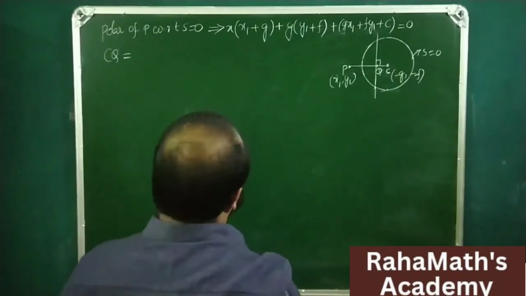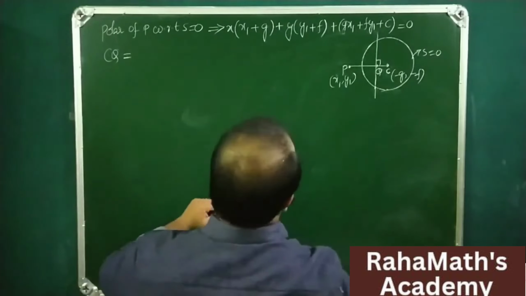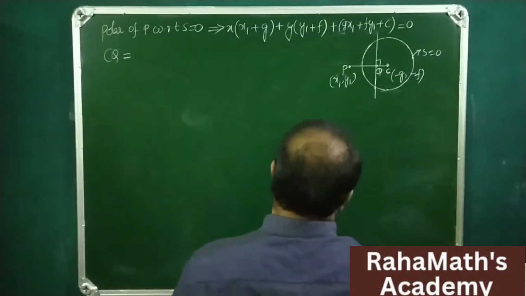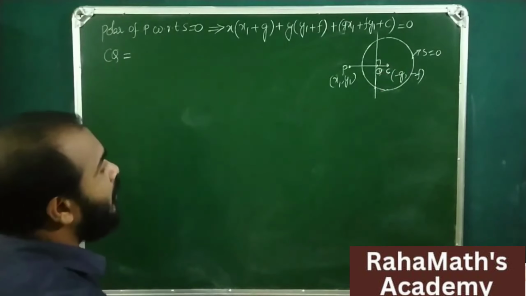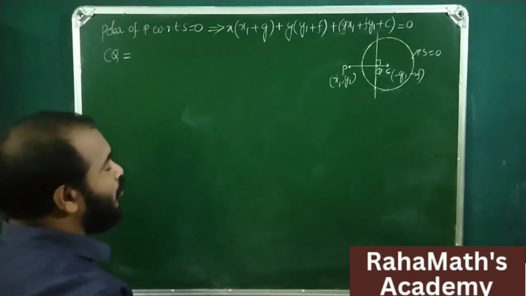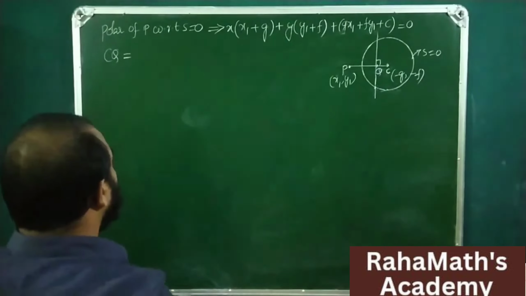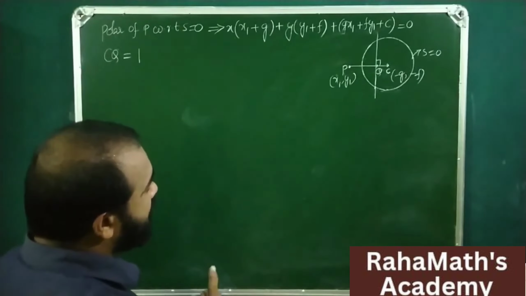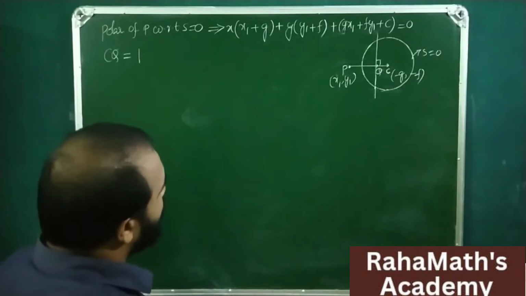So now CQ is the perpendicular distance from the center of the circle to the line. What is the perpendicular distance from the point (x1, y1) to the line ax plus by plus c equals to 0? Modulus of (a x1 plus b y1 plus c) by square root of a square plus b square.